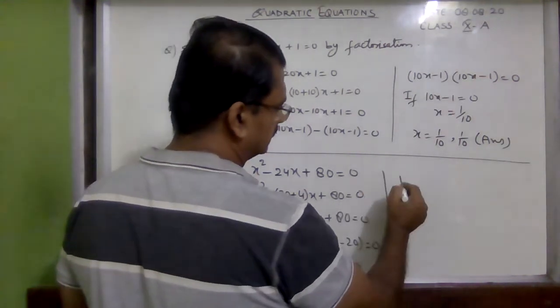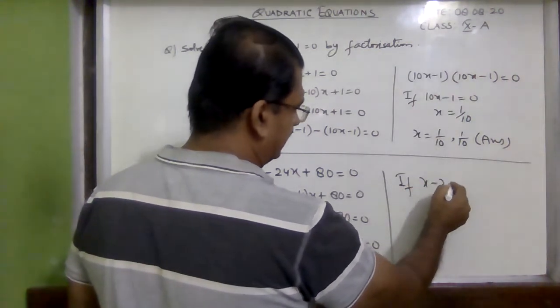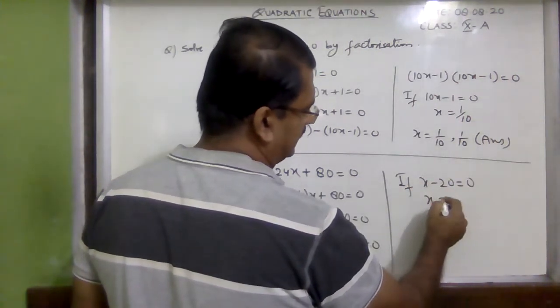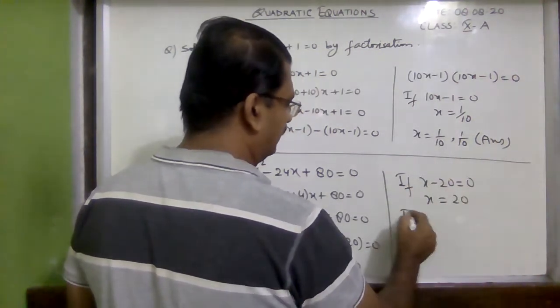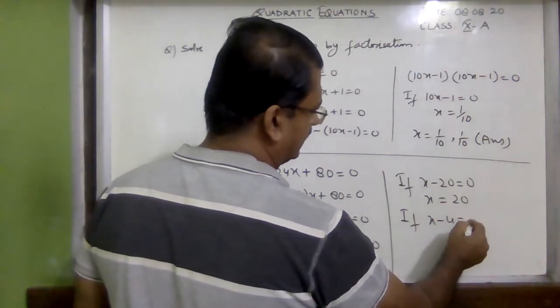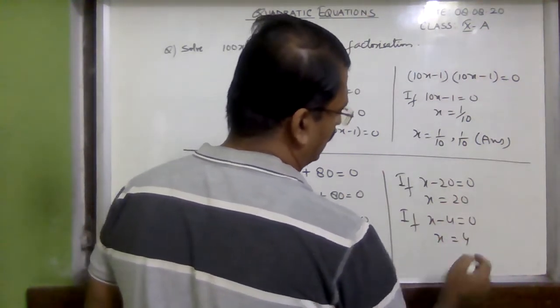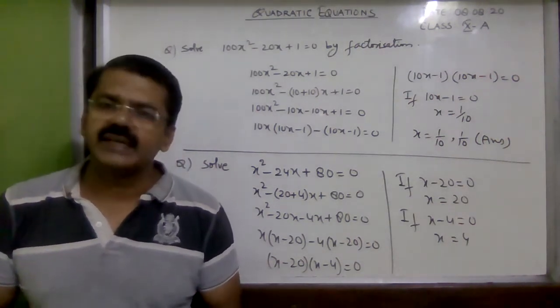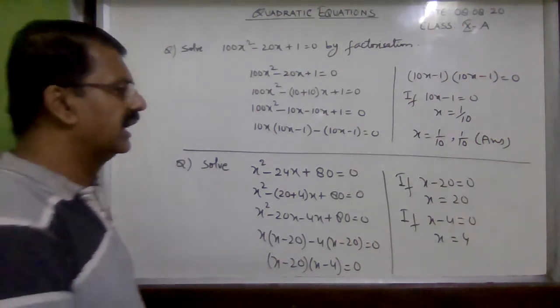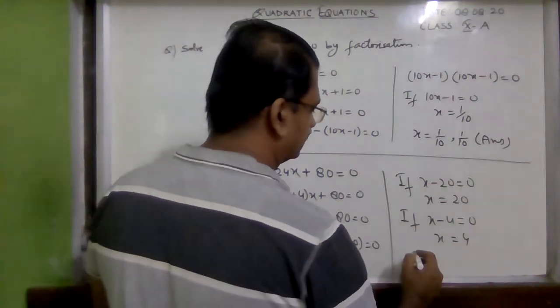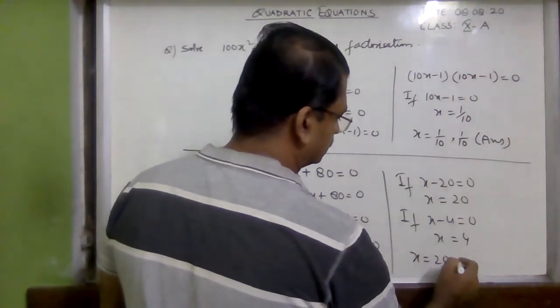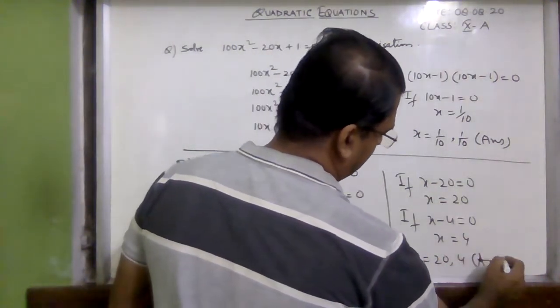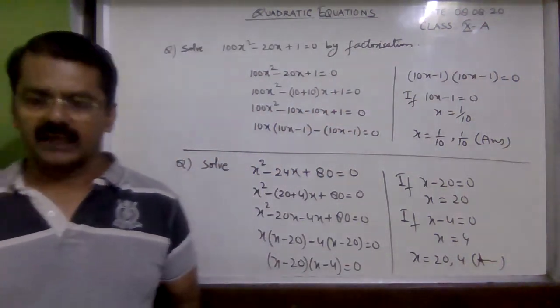If x minus 20 is equal to 0, then x is equal to 20. If x minus 4 is equal to 0, then x is equal to 4. So you can see we have found the two values of x as 20 and 4. Clear? They are the roots of the equation. And that is your answer. Clear?